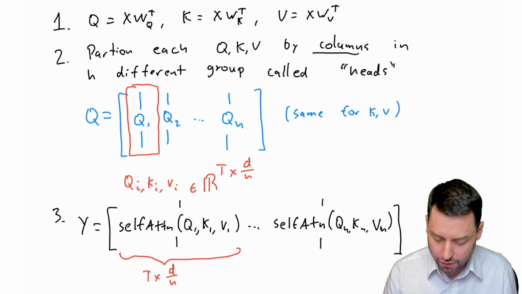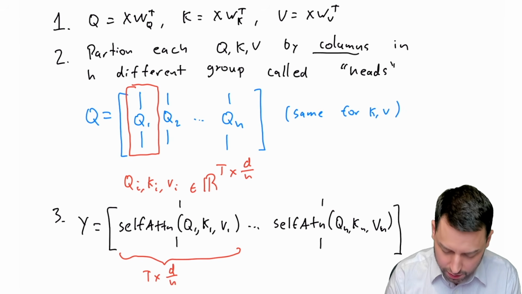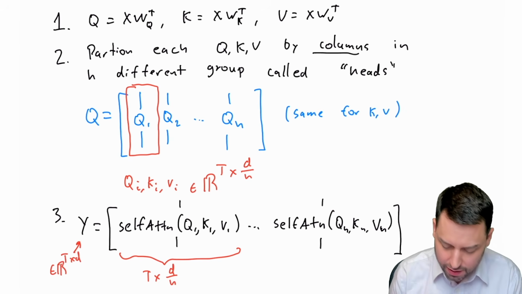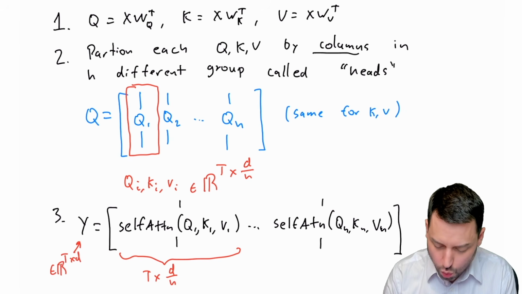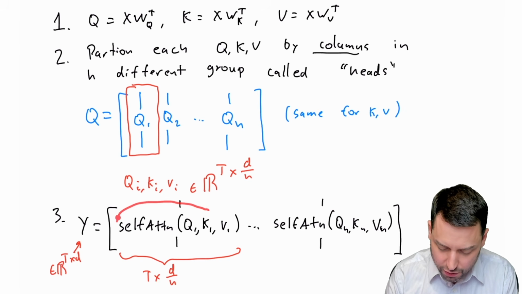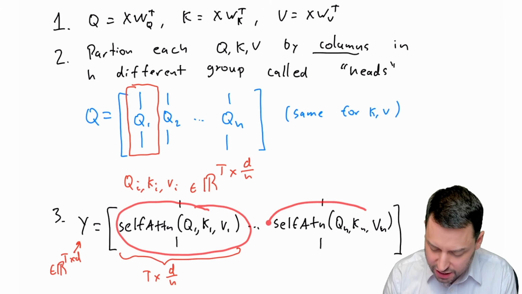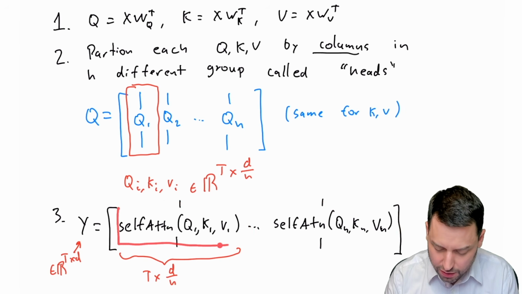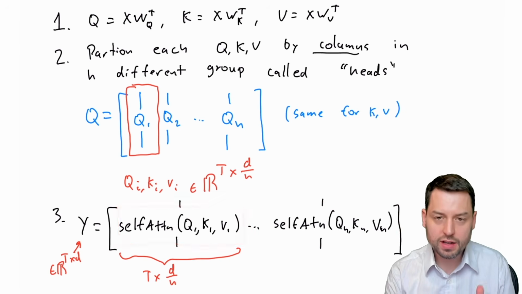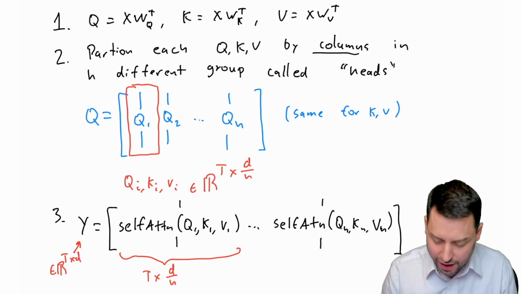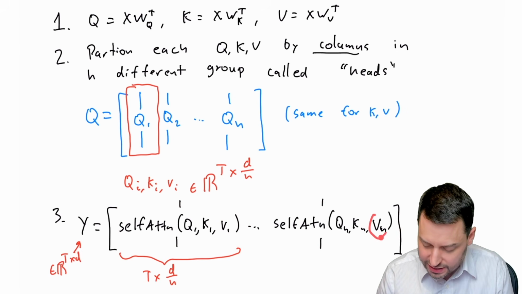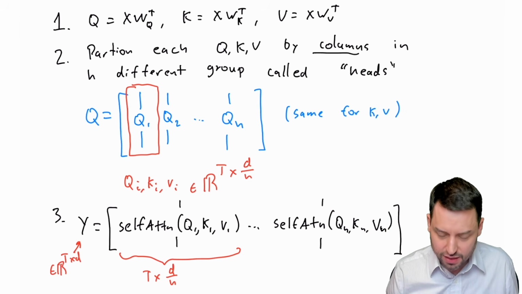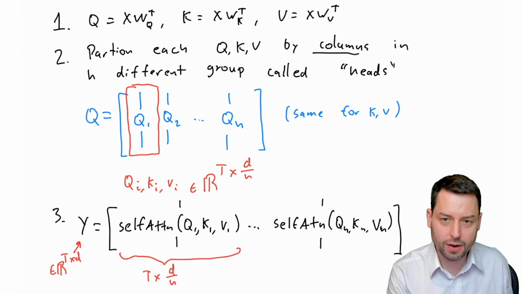When you combine these all together, Y as a whole is still a matrix that is T by D. But instead of just one self-attention operator, you're now getting H different self-attention operators. This block can have one way of mixing together the elements of V, this block has another way of mixing together the elements of V, and so on. This gives more expressive power.